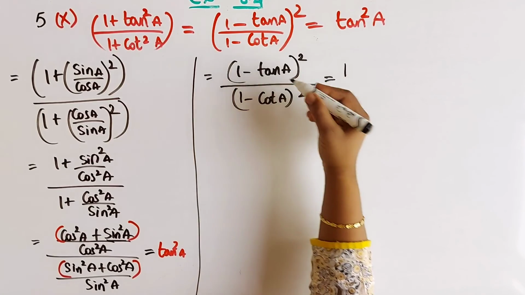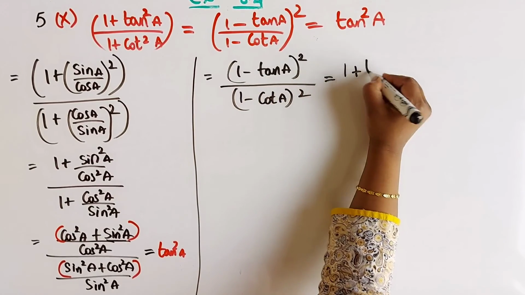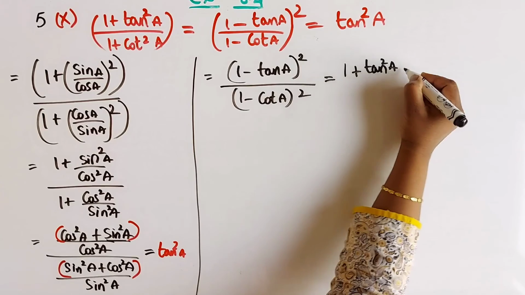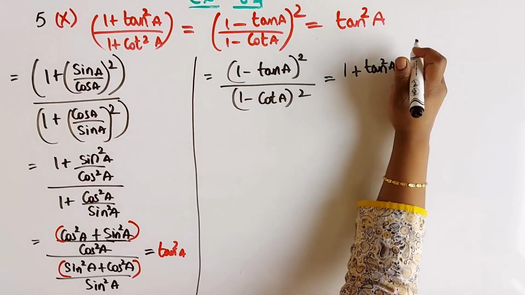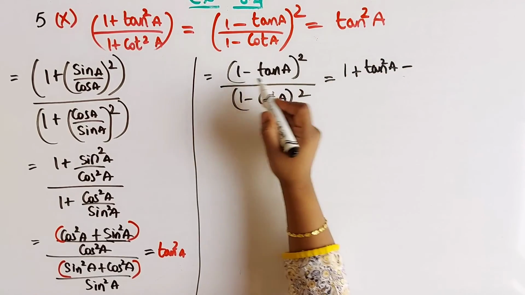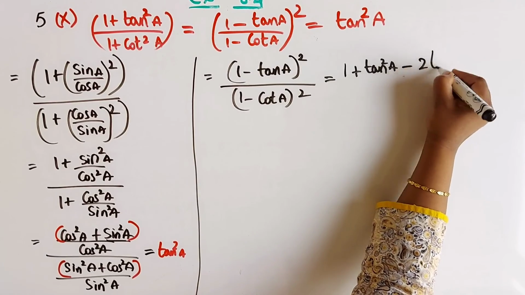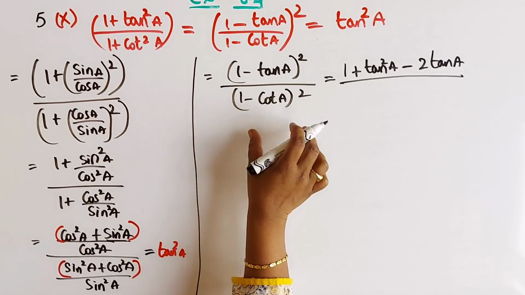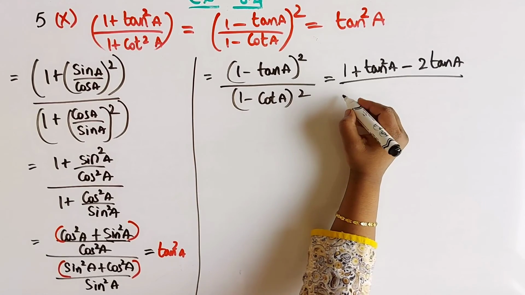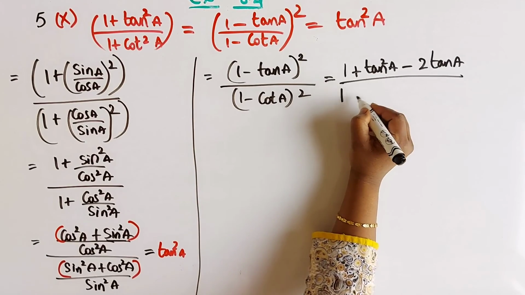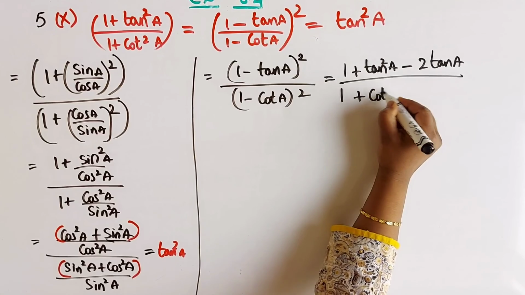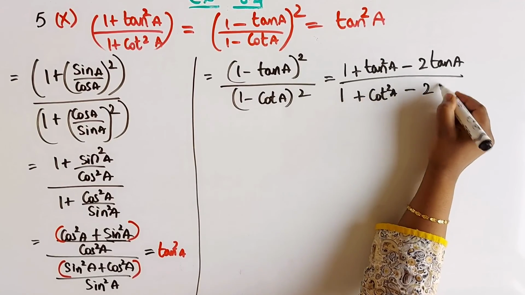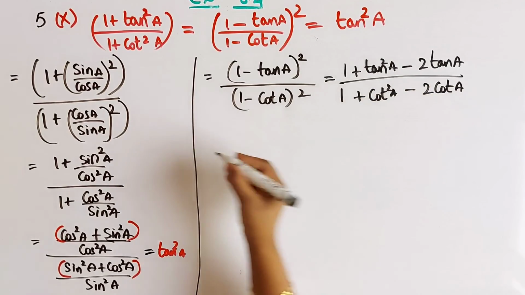A square is nothing but 1 square, 1, plus b square is tan square a, minus 2ab, minus 2 into 1 into tan a, 2 tan a. Correct? Now see here, this is also the (a minus b) whole square formula. That is 1 plus cot square a minus 2 cot a. Correct children?